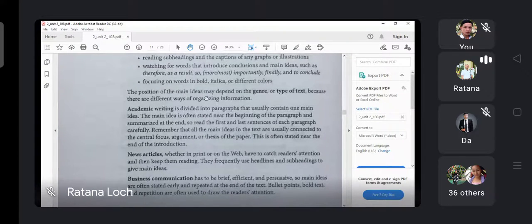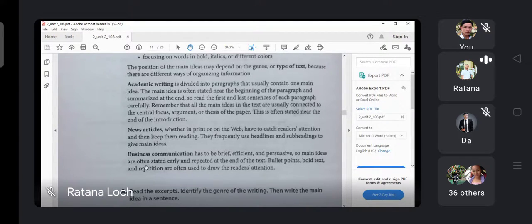The position of the main idea may depend on the genre, the type of text, because there are different ways of organizing information. The genre may be academic writing, news articles about research, or business communication, which is about advertisement and promotion.